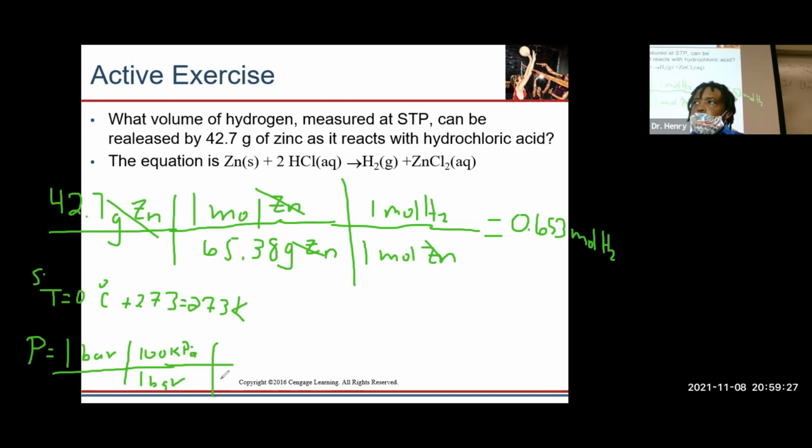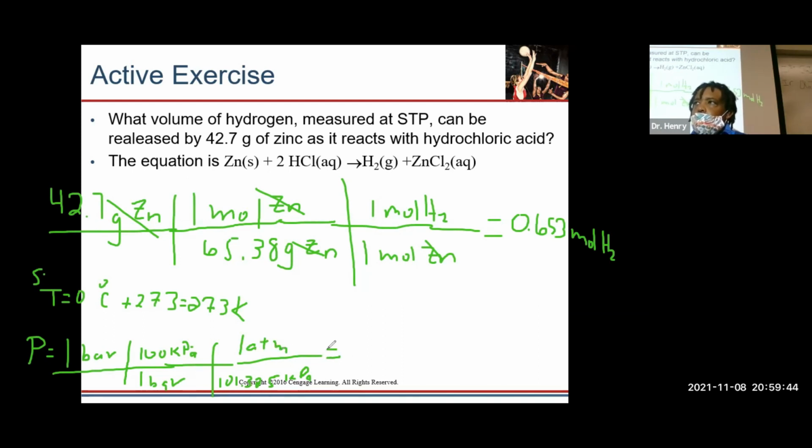And then I know that 101.325 kilopascals equals 1 ATM.